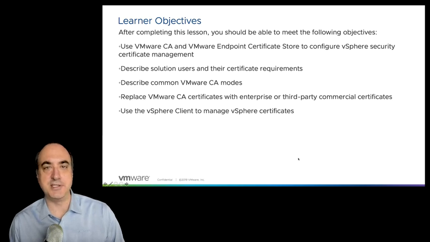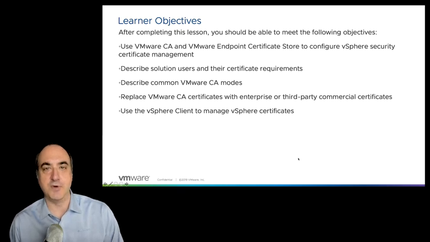So there is a certificate authority that is built into vSphere, but also if you wanted to use a certificate authority that your environment trusts, well, then you'll use your own internal enterprise CA in some fashion in conjunction with the VMware certificate authority. So we'll show you the processes and the modes in which you can set that certificate authority to work with your environment.